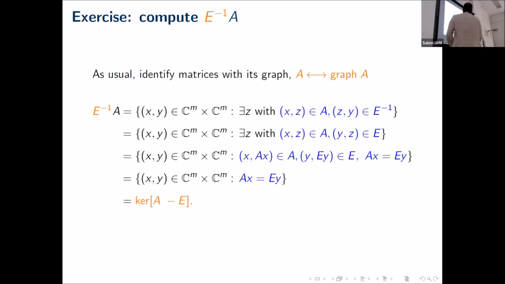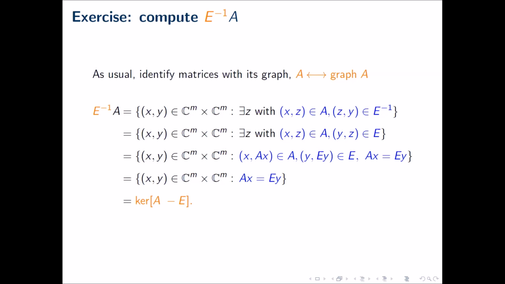And again, also important, always in this notion, A and E are matrices. And of course, we don't want to write E inverse, or graph E inverse, graph A. It doesn't help. You have to learn, in some sense, how to read it in the right way.